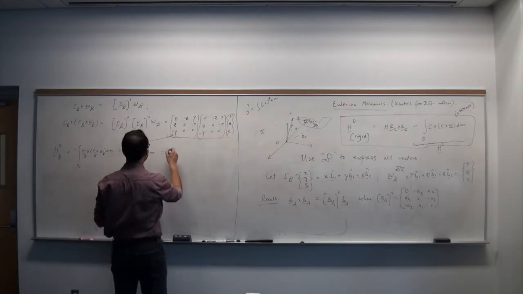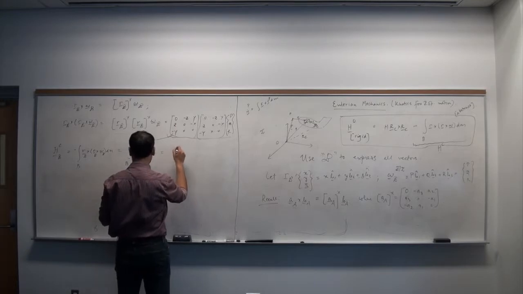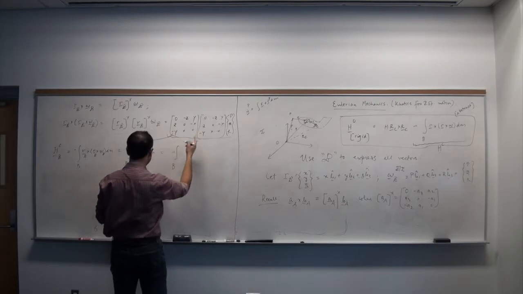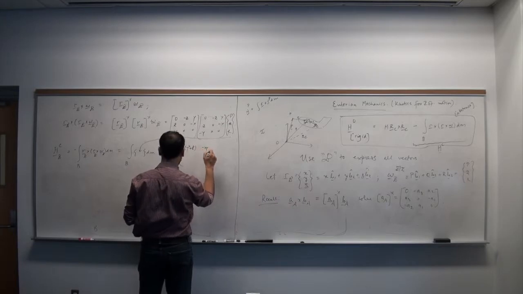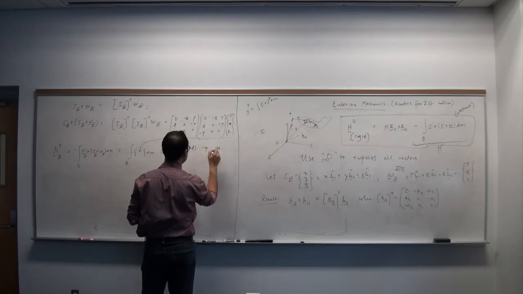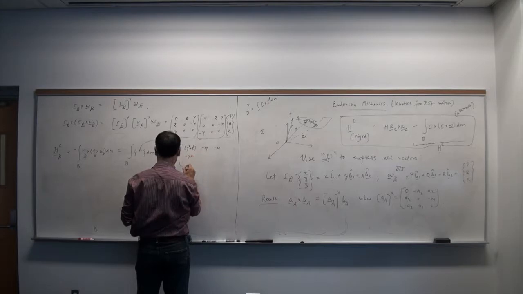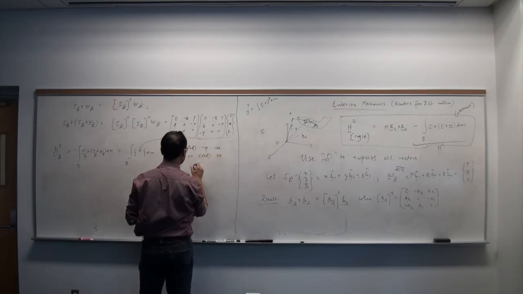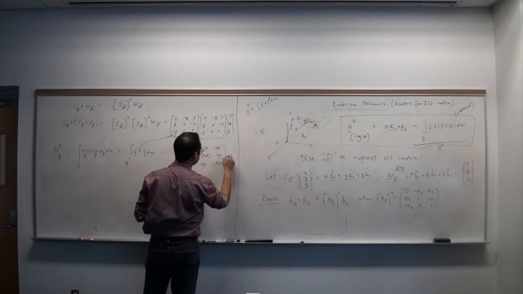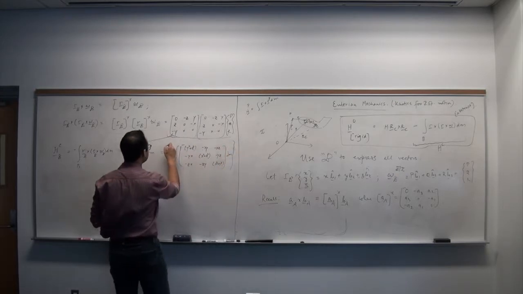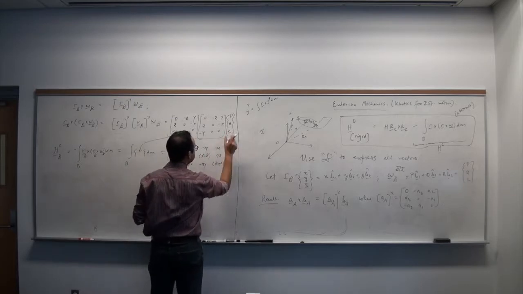And you get minus the integral over B when you do the multiplication, and the whole thing multiplied by omega.